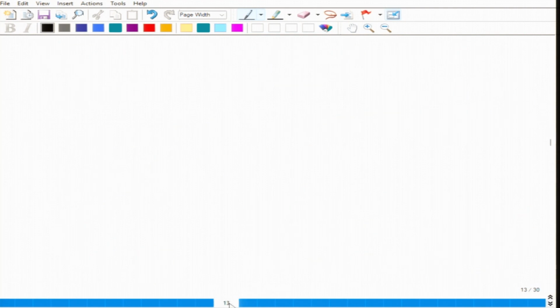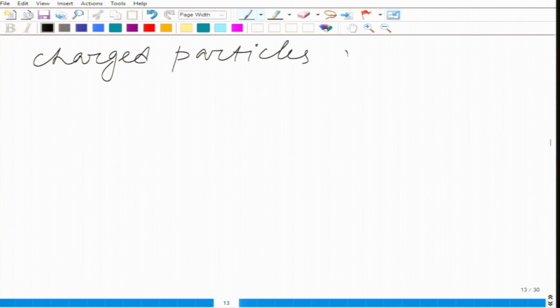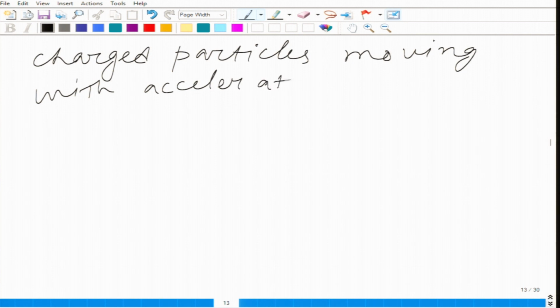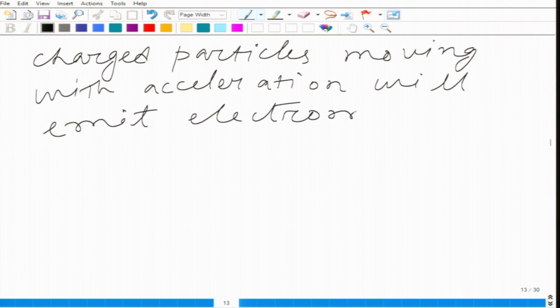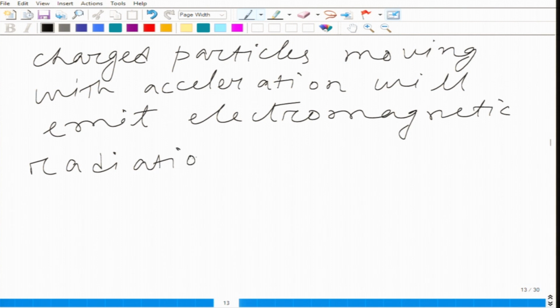Now, according to Maxwell's theory, charged particles moving with acceleration will emit electromagnetic radiation.